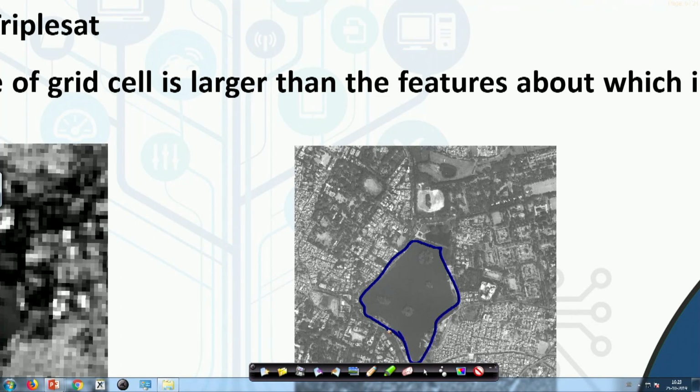This is the region which has a road. These are the buildings that you can see. This is probably the Sankey Tank, and this is the road that you see, and this is the Indian Institute of Science, Bangalore. So when you look at these buildings, you can very clearly get information about them, which means the detail is very high. So this is a high resolution map.